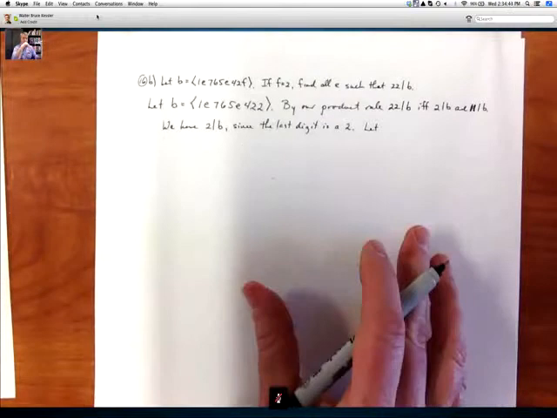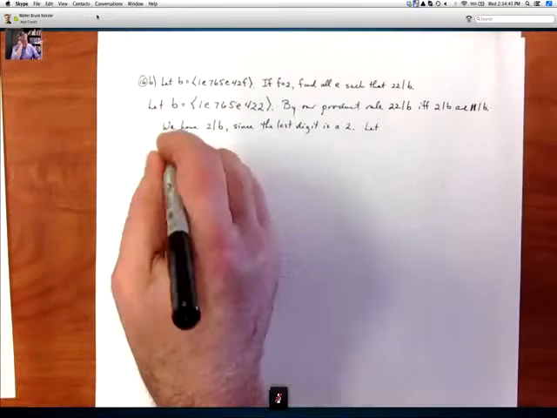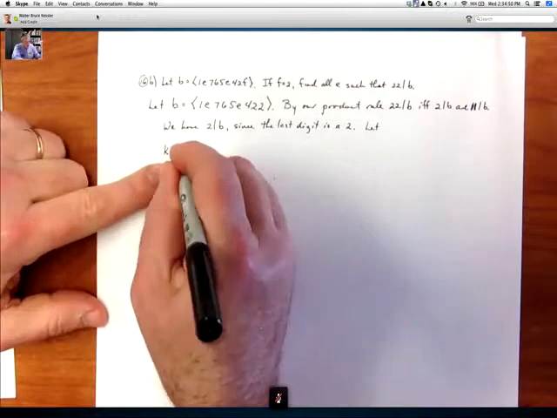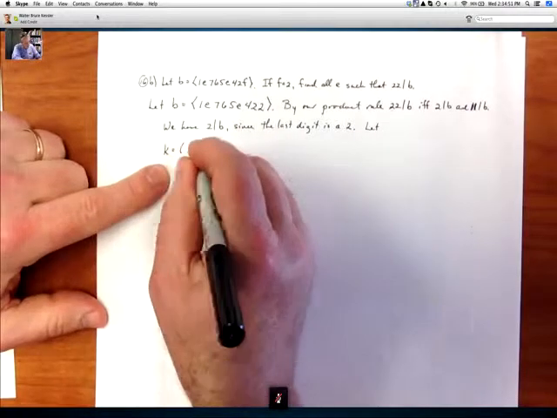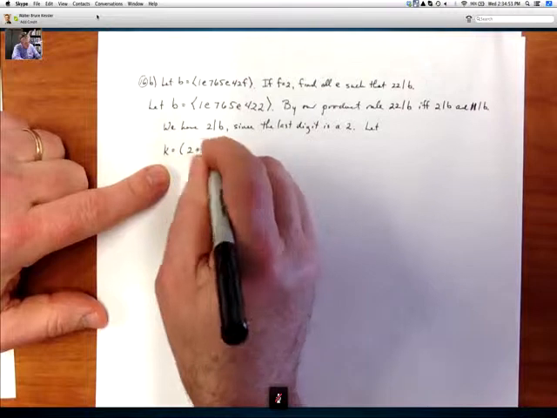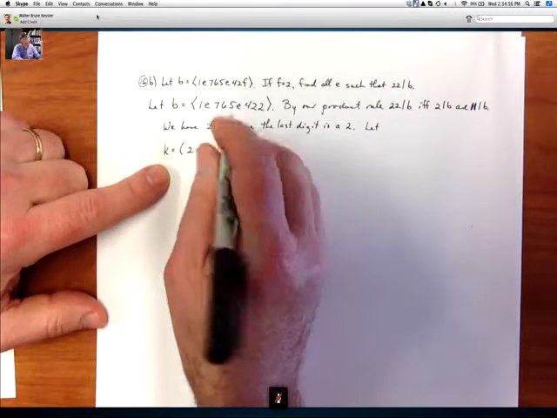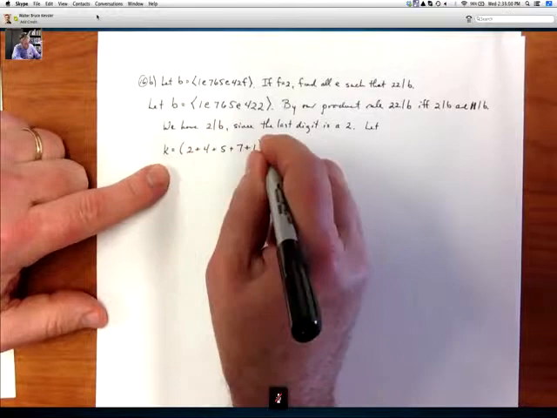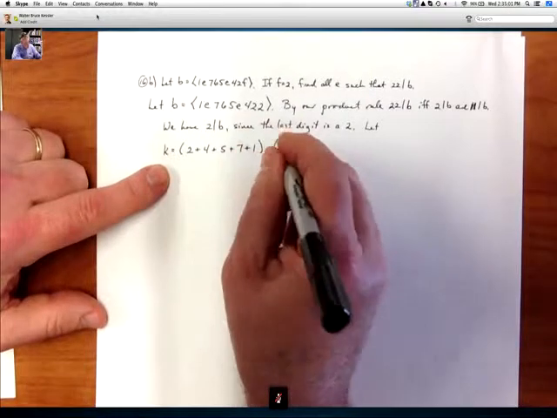Let's look at that bunch of things we add up, and then minus the bunch of other things we add up. Okay, so let K be, alright, we'll add the 2 plus the 4 plus the 5 plus the 7 plus the 1.